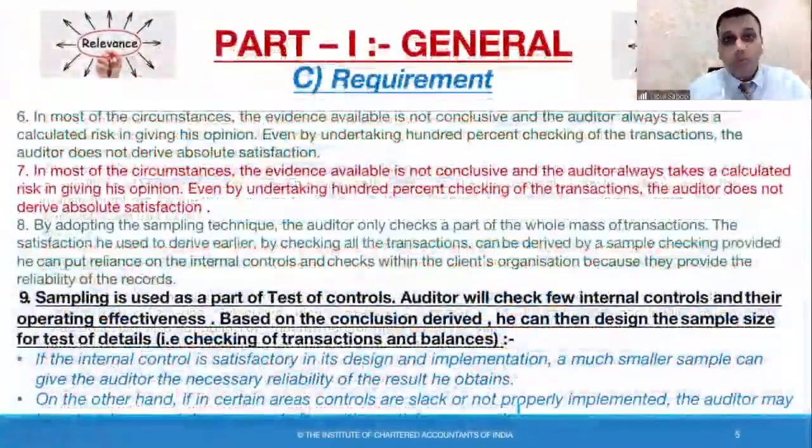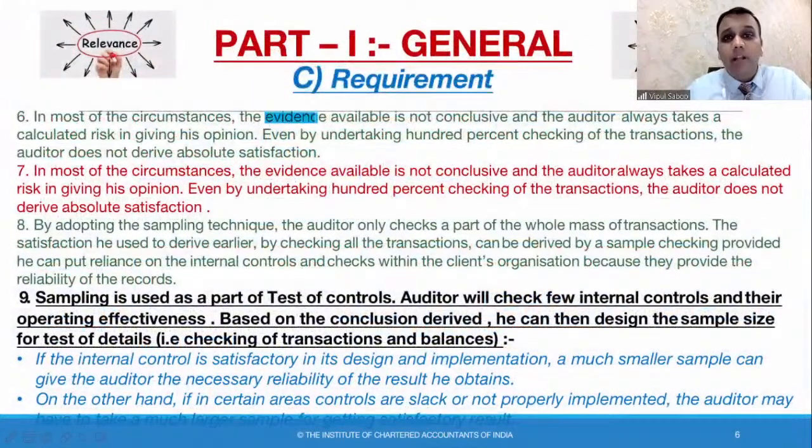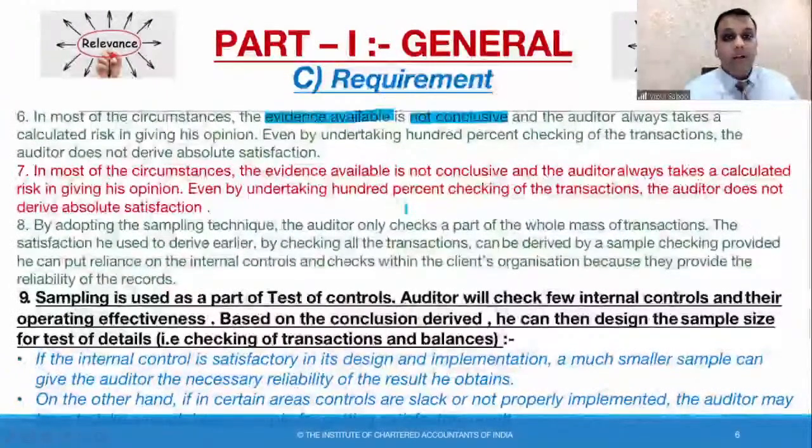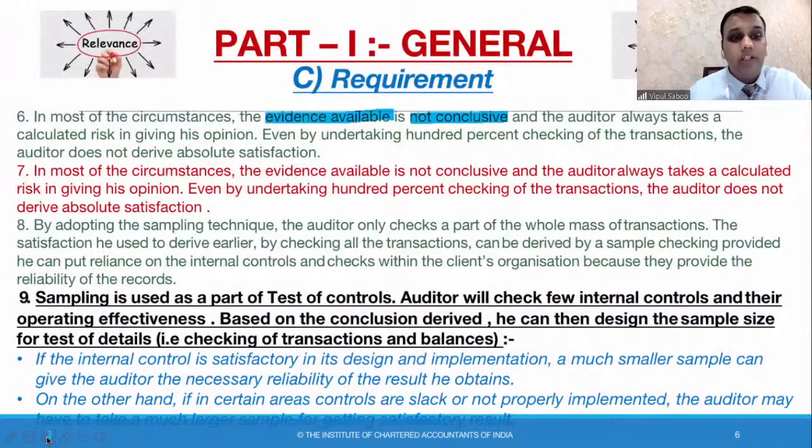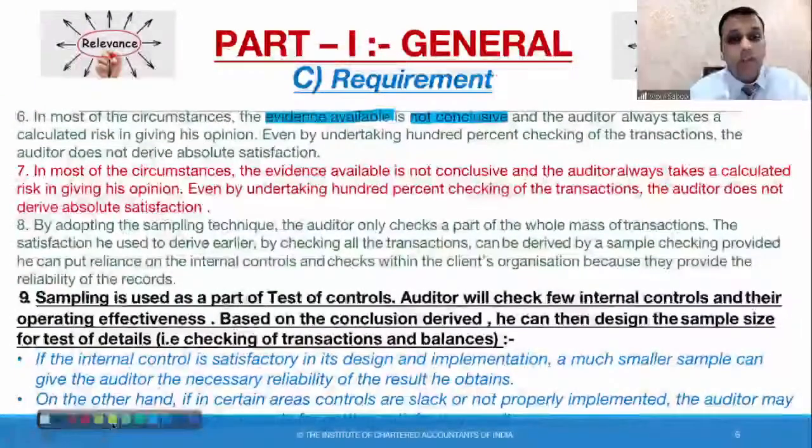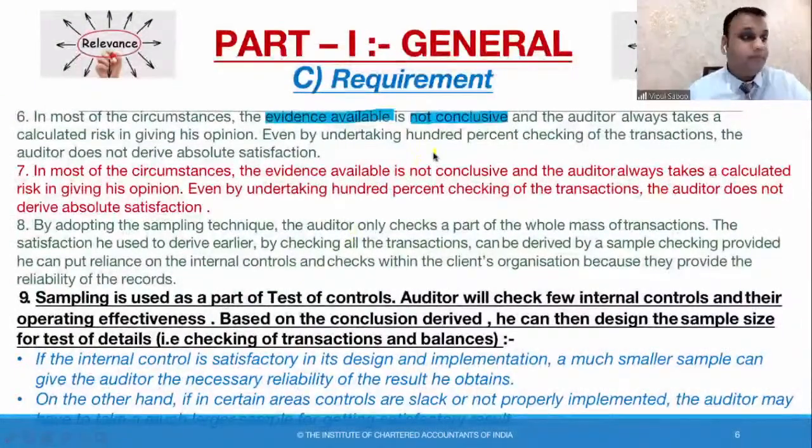Now, in most of the circumstances, the evidence available is not conclusive. What do we mean by conclusive evidence? I want answers from you people. It says in most of the circumstances, the evidence available is not conclusive. So what is conclusive evidence?